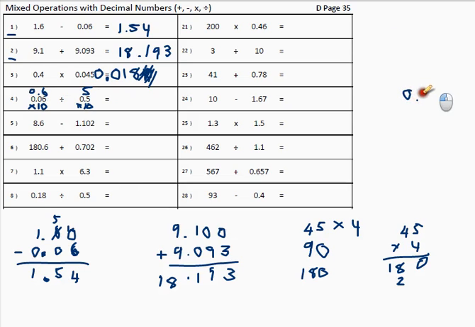Go to your bus stop method. 5 goes in 0, 0. 5 goes in 6, 1, remainder 1, so we need a 0 there. 5 goes in 10, twice. We had a point there, so we need a point there. In other words, 0.12.